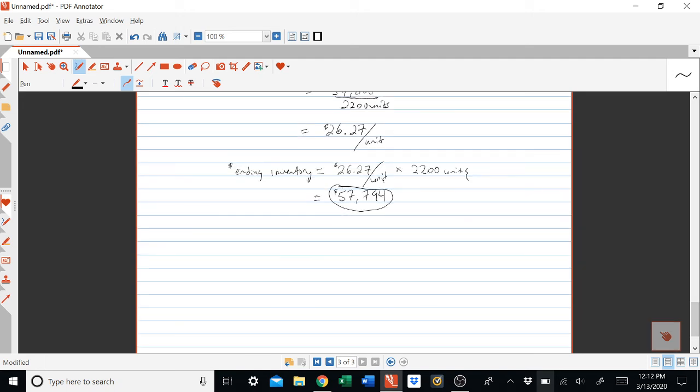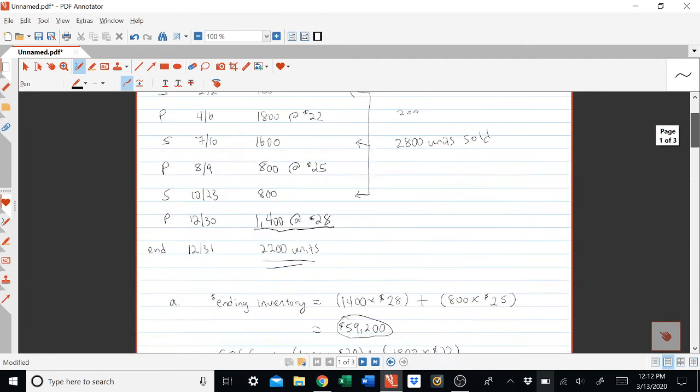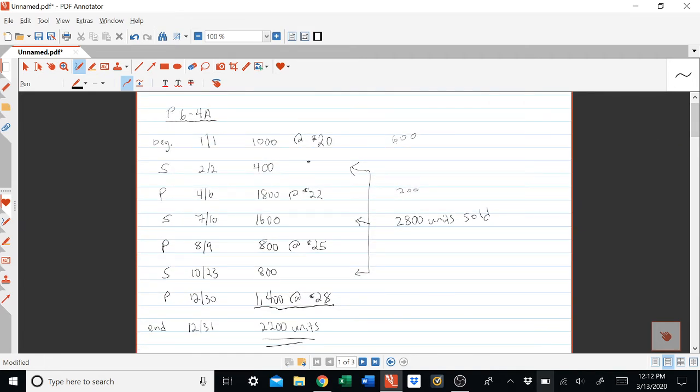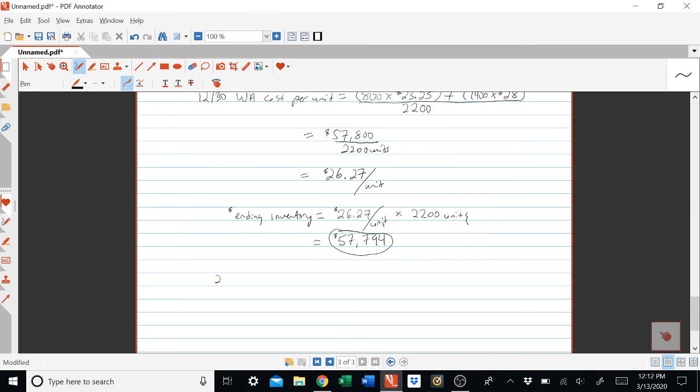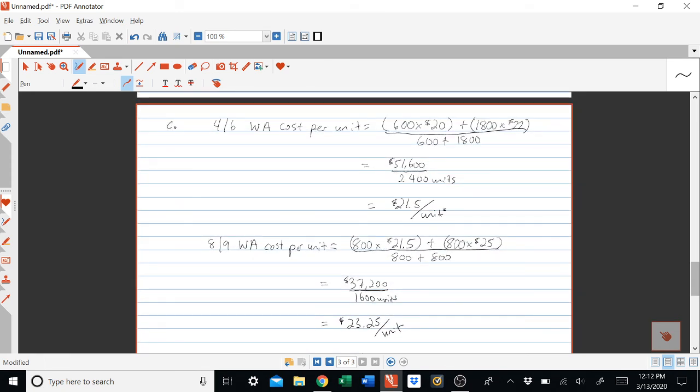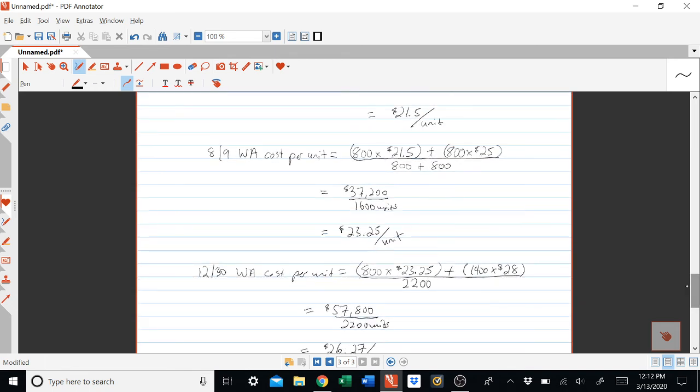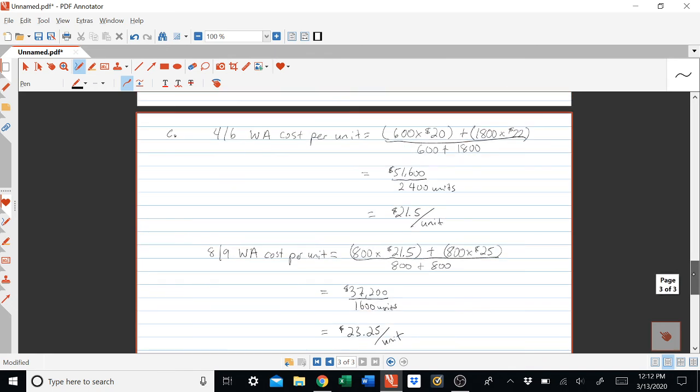And for cost of goods sold, we have to do it in stages. We have to find the cost of goods sold of this sale, of this sale, of this sale. So the February 2nd cost of goods sold, which weighted average cost per unit are we going to use? This, or this? Well, as of February 2nd, we're going to use the most recent one, the one closest to February 2nd.